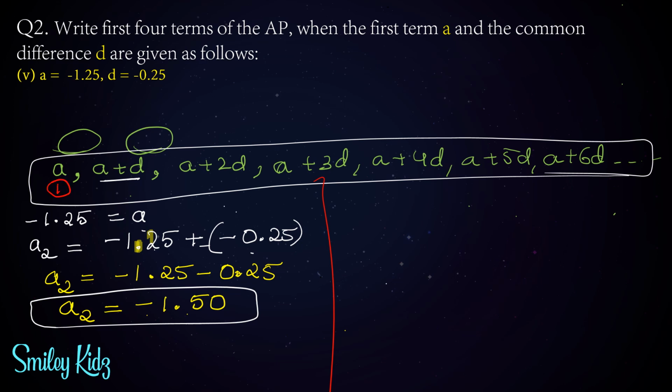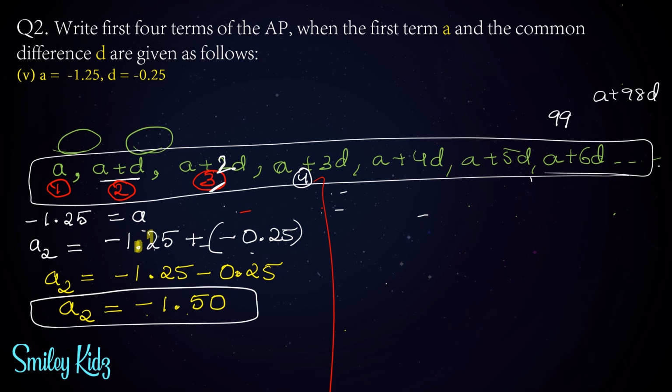So this is your first term, this is your second term. Now we're going to find out the third term, A plus 2D. Understood? If it is the third term, you're finding out 2D, right? You're multiplying 2 with D. But in the fourth term, you'll multiply 3 with D. That means if you're going to find out the 99th term, it's going to be A plus 98D. As simple as that.